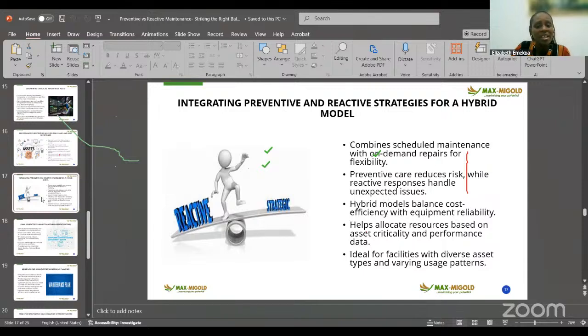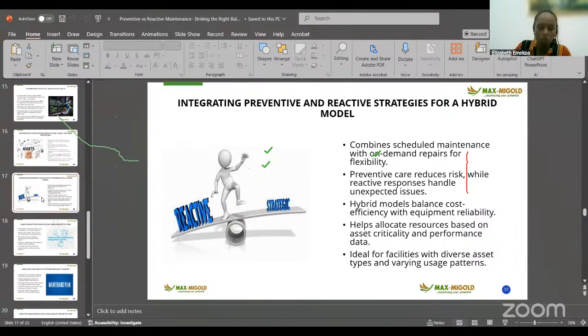Combine scheduled maintenance with on-demand repair for flexibility. During your maintenance plan, you know that after 3 months, you need to replace this. That's reactive, right? While carrying out your preventive maintenance, you already have a reactive plan for it.